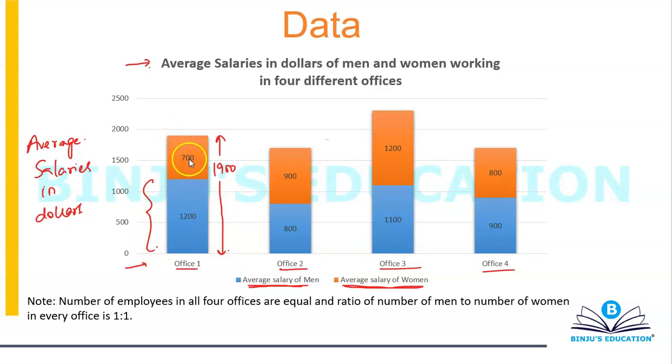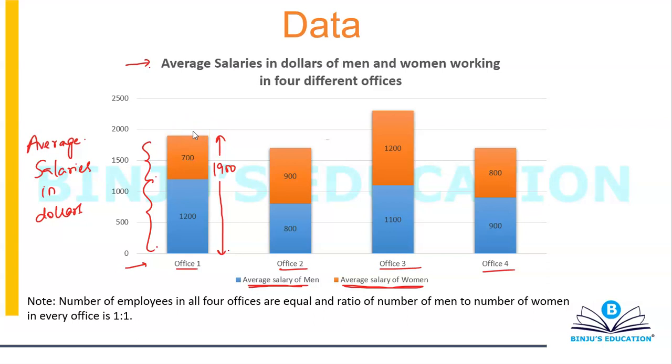And if you want to calculate the second one, then it's going to be the total value minus the value of the blue bar. So this orange bar would correspond to 700. Anyways, in this case it's given to us, but for future references you should know how to calculate the individual values. You may have a bar, another bar on top of it, then another bar on top of it, and so on and so forth.